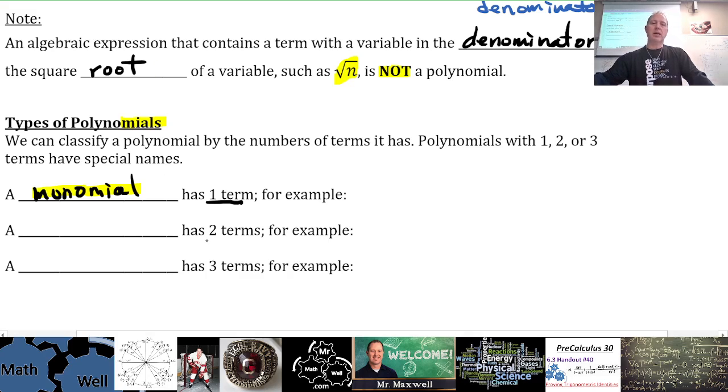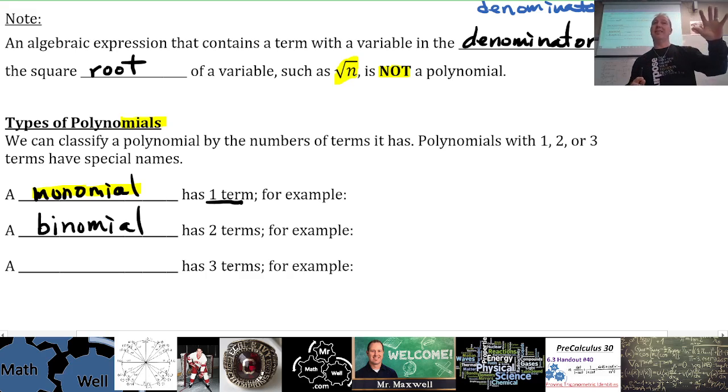All right, what do you think a polynomial with 2 terms might be called? What is a word for 2 or a prefix for 2? Yeah, go ahead. Binomial. Binomial is absolutely correct. Good job. So bi means 2, and so what kind of nomial is it? It's a binomial. Excellent. 3 terms now. What's the prefix for 3? There's probably more than 1, but what do you think?